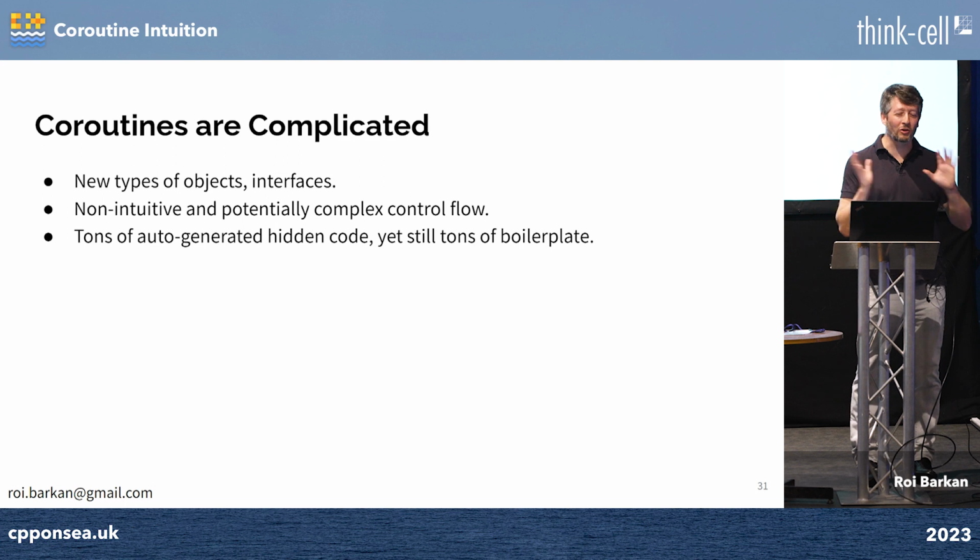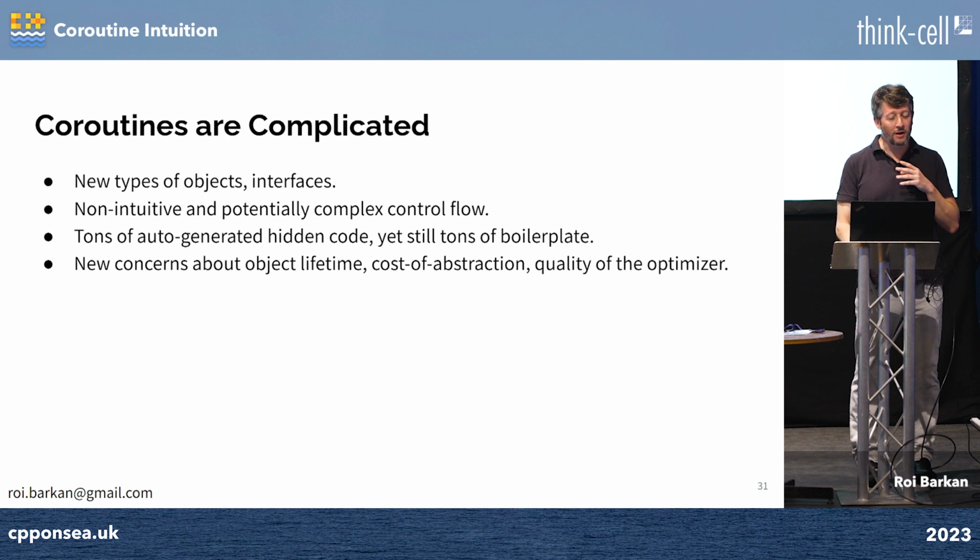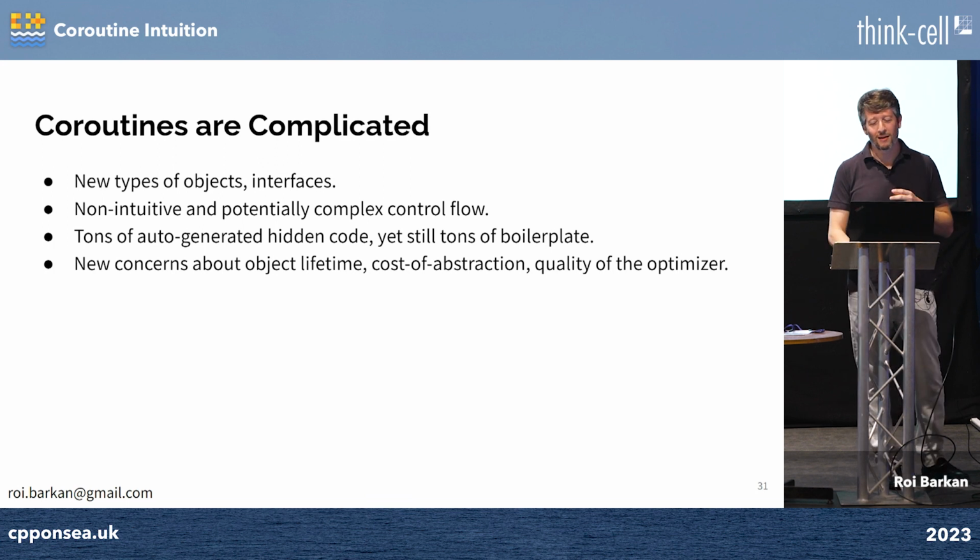There's a lot of auto-generated hidden code happening under the hood that I'm not aware of, and still there's a lot of boilerplate that someone needs to write, which seems overwhelming. And then there are new concerns that we need to think about: object lifetime, the cost of this abstraction, how good our optimizers are. This is all very, very tricky.